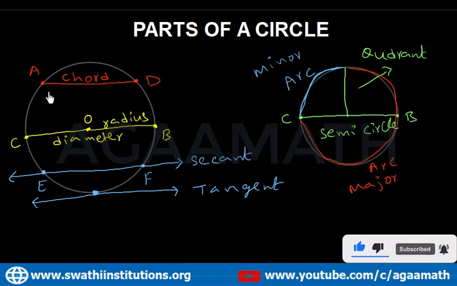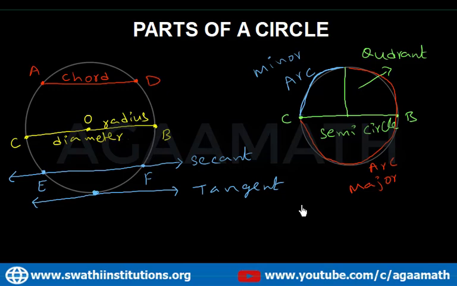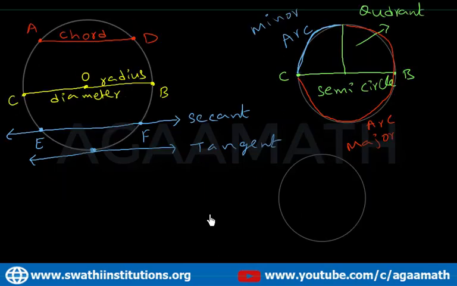Okay, now when we draw a chord, let us take one more thing here. Let me draw the chord here. Chord, as we learned before, is a segment joining two points on the circle. And when we draw a chord that does not pass through the center of the circle, it divides the circle into two parts, but they are not equal.